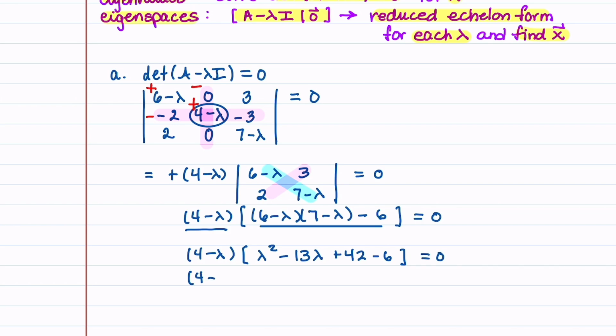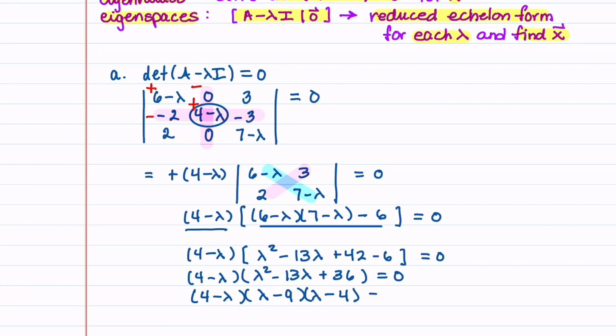So we're going to simplify that inside, and we end up with a lambda squared minus 13 lambda, and then a 42 minus 6 gives us a 36. Notice that 4 times 9 is 36, and that also adds to 13, so we can easily factor this as lambda minus 9, and then a lambda minus 4.